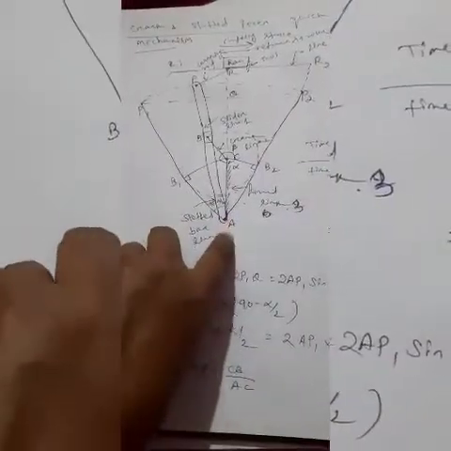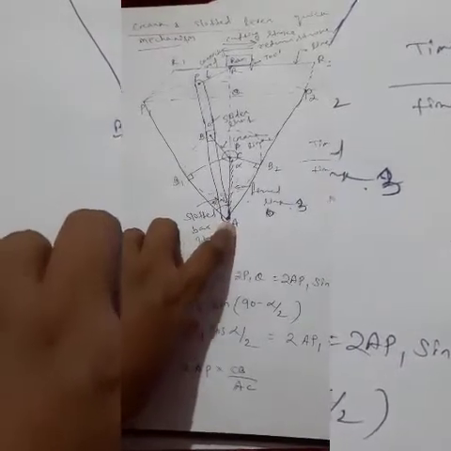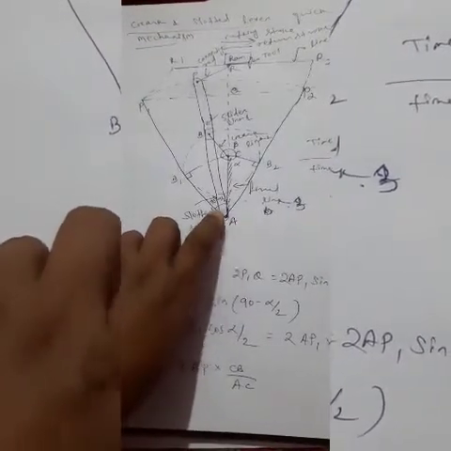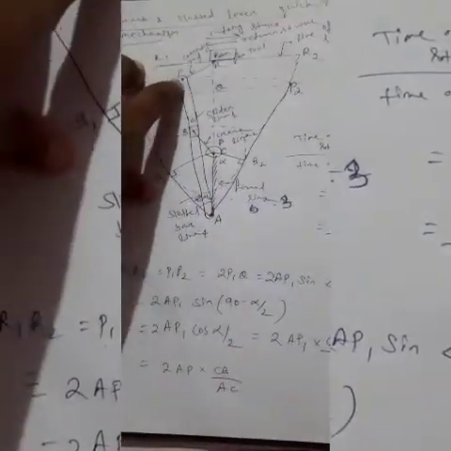This slotted bar is pivoted at this point A, so it also oscillates about this point. A connecting rod is attached to the end point P of this slotted bar.